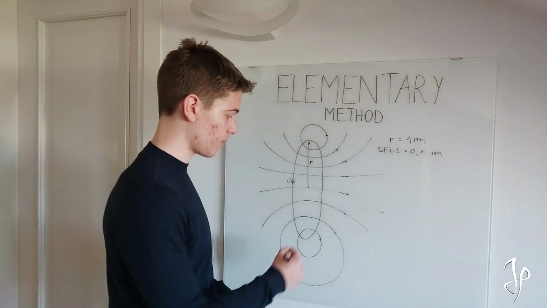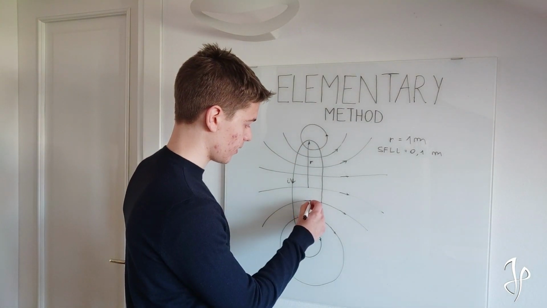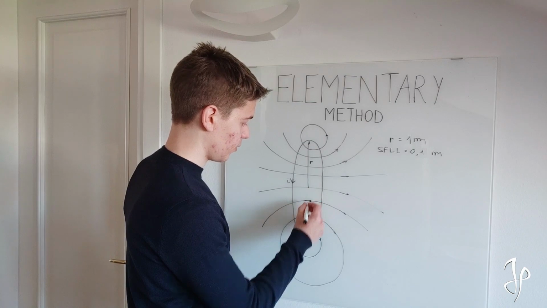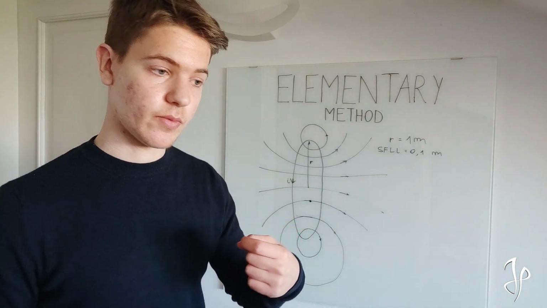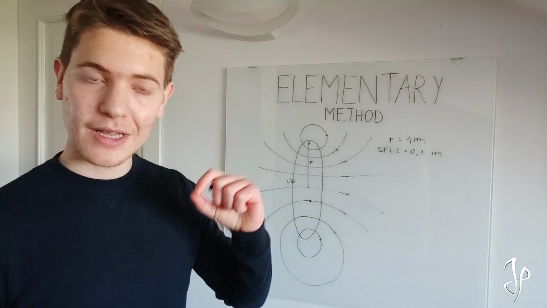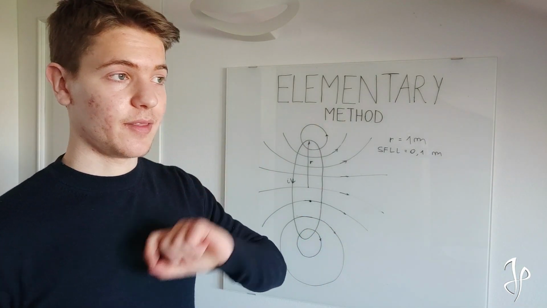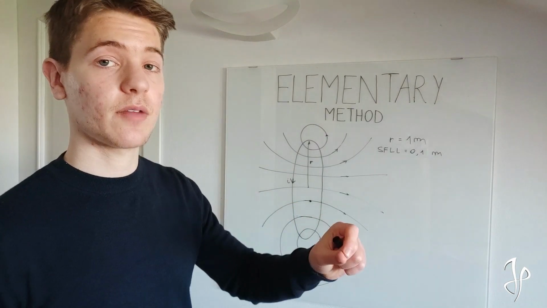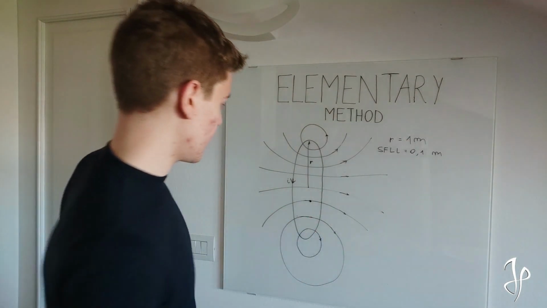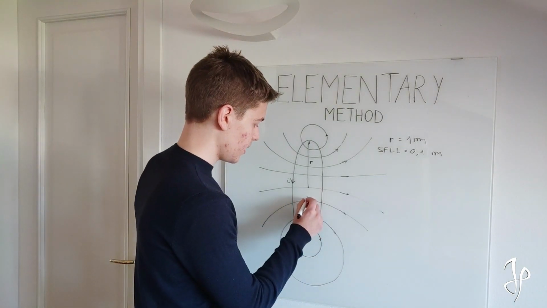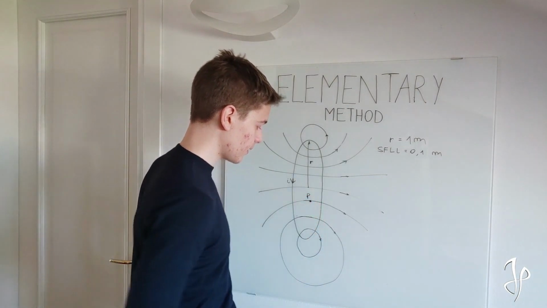You start from a generic point of space, and from this point you want to evaluate the one and only magnetic field line which it belongs to. So this is our point P, which is our starting point.